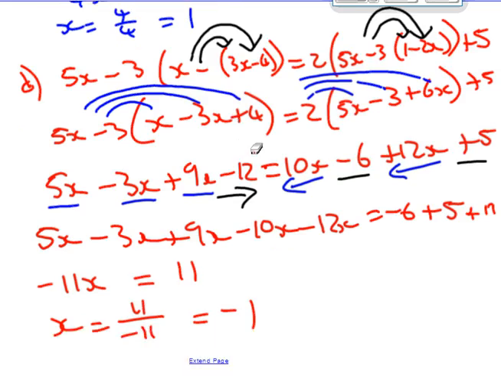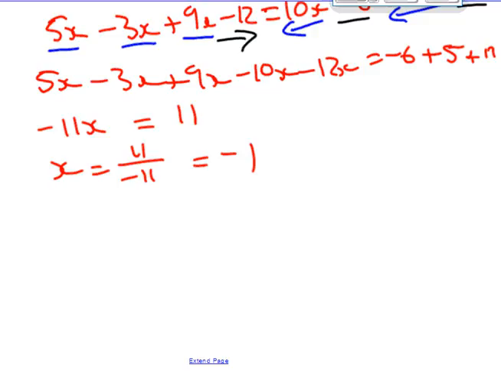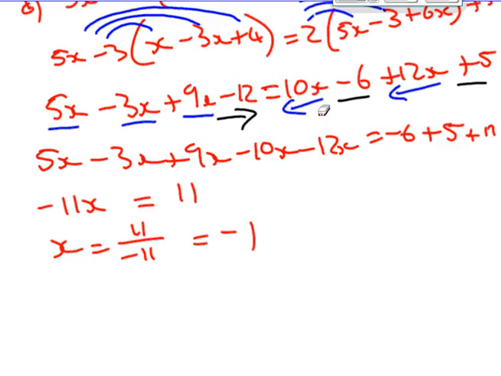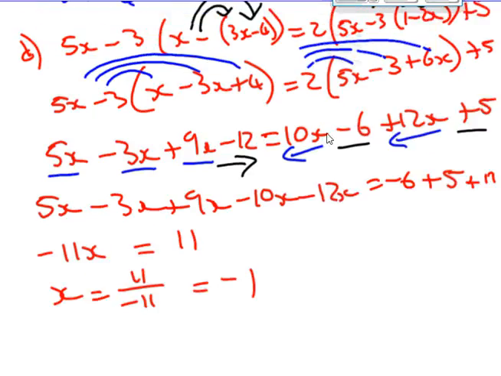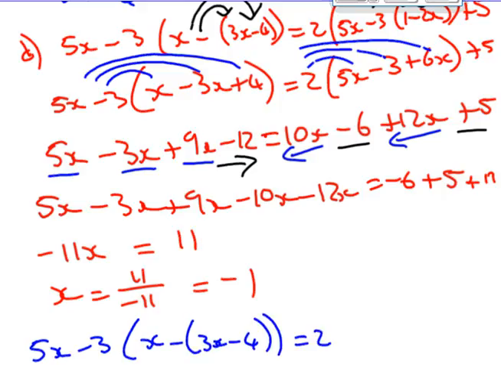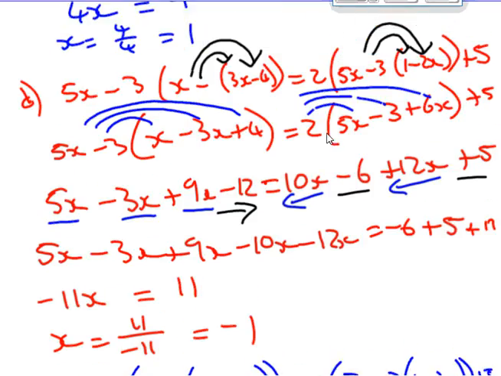If I now want to check this, okay, and again, given your calculator, it's actually not difficult to check. But if I wanted to check this, I'm going to rewrite the equation because I can't see it. 5x minus 3, open bracket, x minus open bracket, 3x minus 4, close bracket, equals 2, open bracket, 5x minus 3, open bracket, 1 minus 2x, close, plus 5.